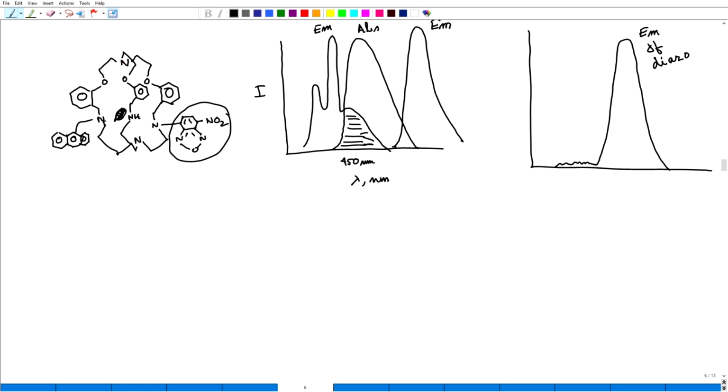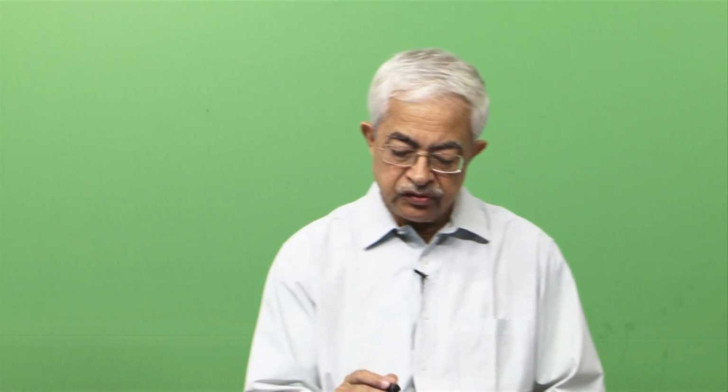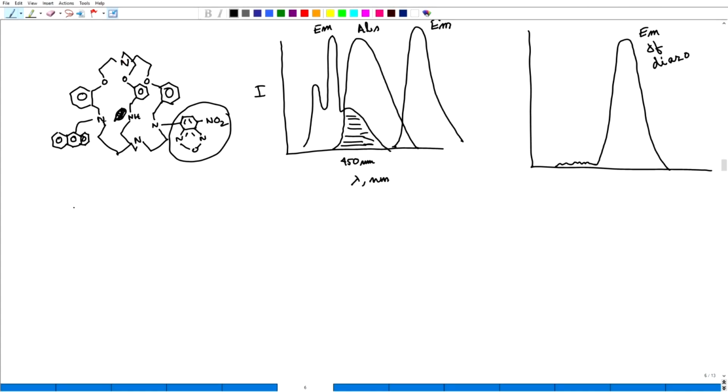Now, this compound we dissolved in solution, and the distance between them should be within 30 angstrom, say 1 to 30 angstrom approximately.